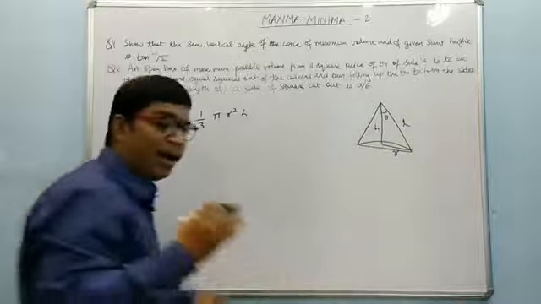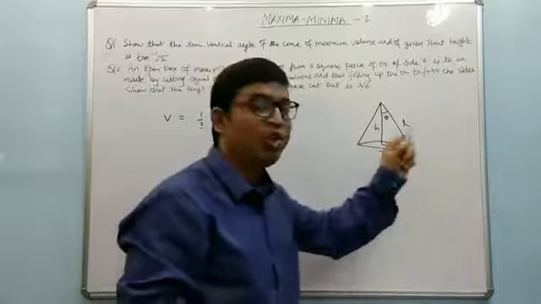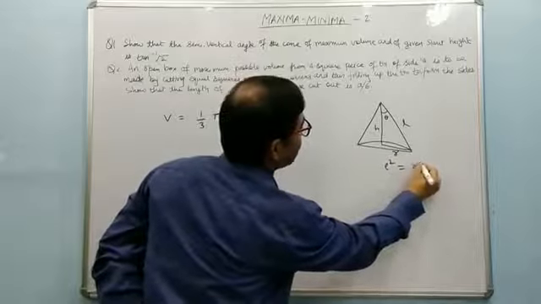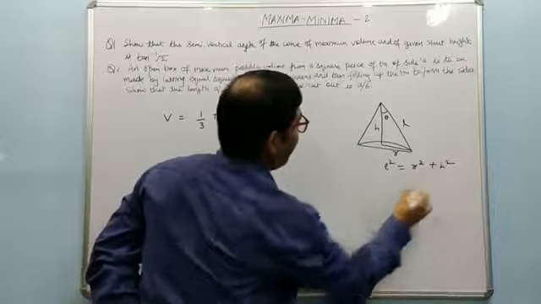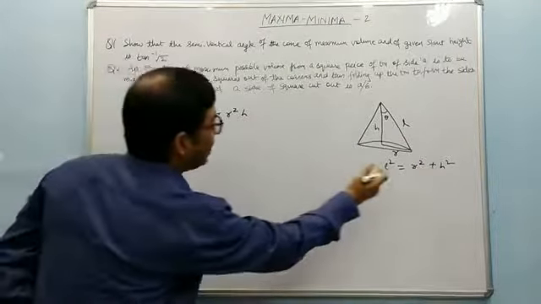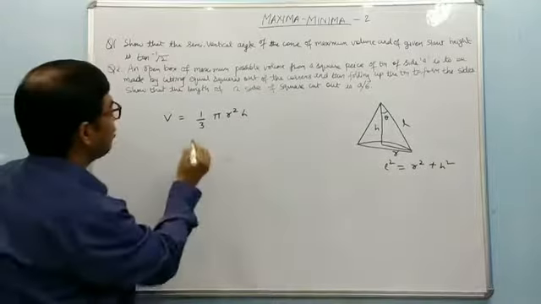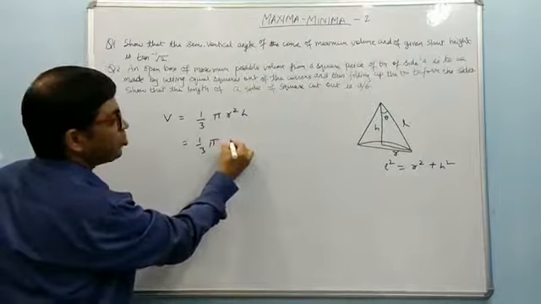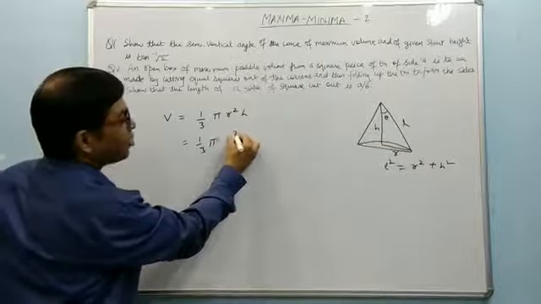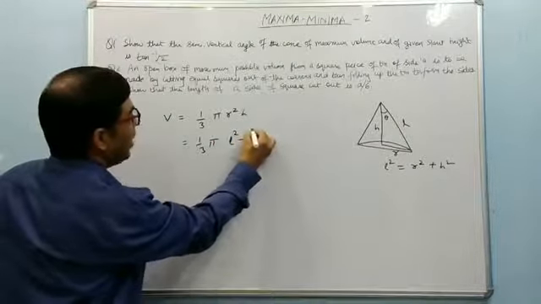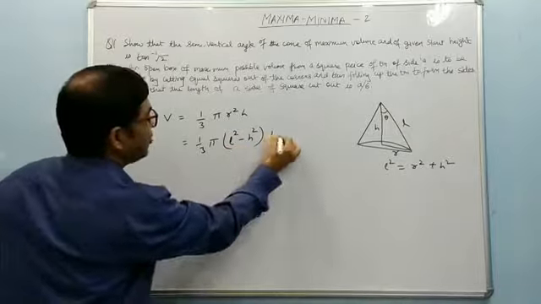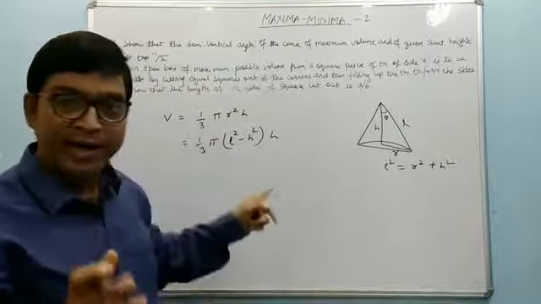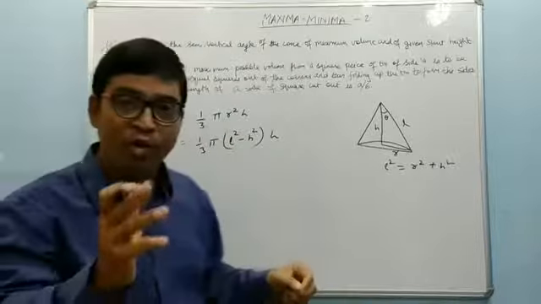The relation I get from this geometrical figure is L squared equals r squared plus h squared. So if I get rid of r squared, I will write this in terms of h only. That will be (L squared minus h squared) into h. So step number 1 is writing the term whose maxima or minima is to be found out.